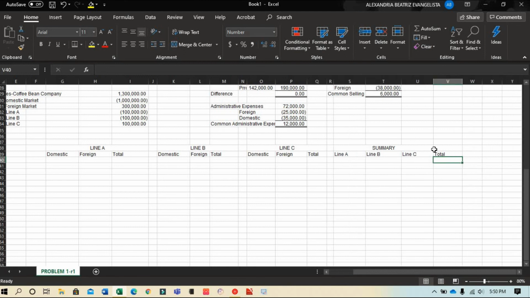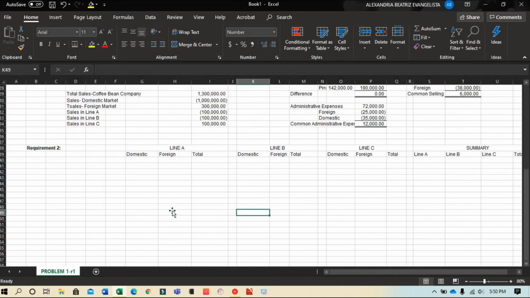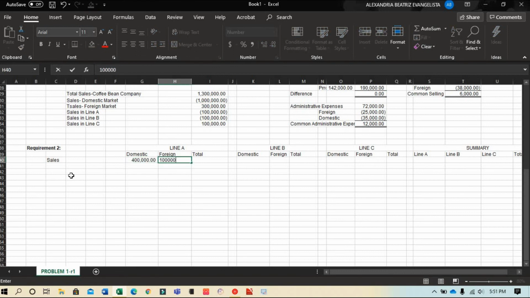Okay, now let's proceed in inputting all of the data needed. So again, let's start off with the sales. Under line A, under the domestic market, it is 400,000. For foreign, it is 100,000. It would give us a total sales under line A of $500,000.